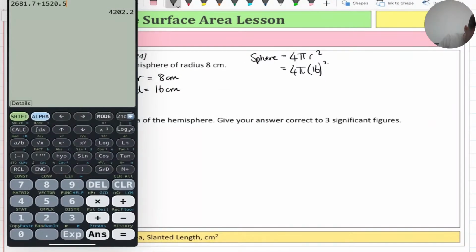So 4 shift pi times by 16 all squared. I'll leave in terms of pi for now, which is equal to 1024 pi centimeters squared.